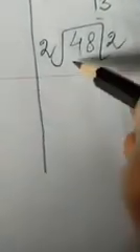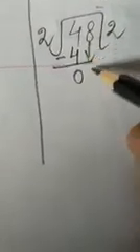So we will write 2 here. 48 divided by 2. Then which quotient will we get? 2 2s are 4. 2 4s are 8. So we got 24 as quotient. So here we will write 24. Now 24 is to be divided further.